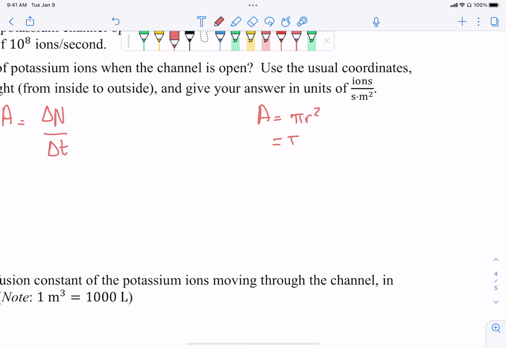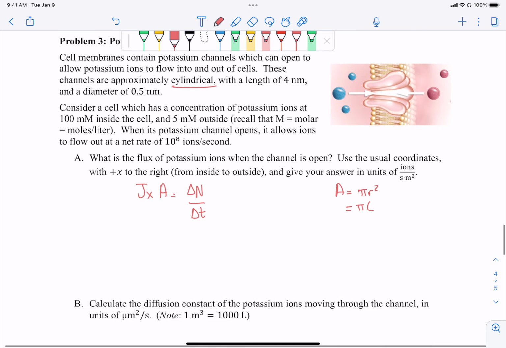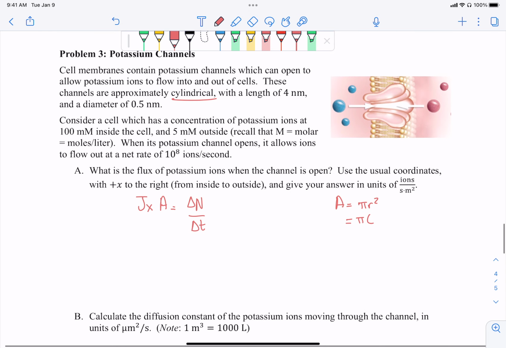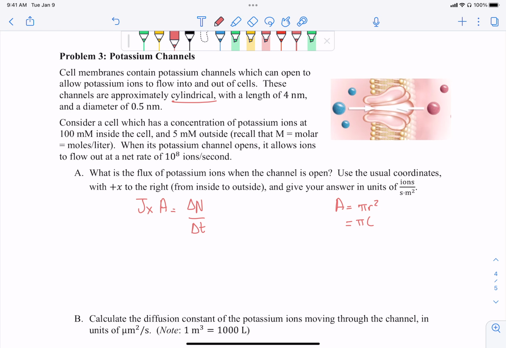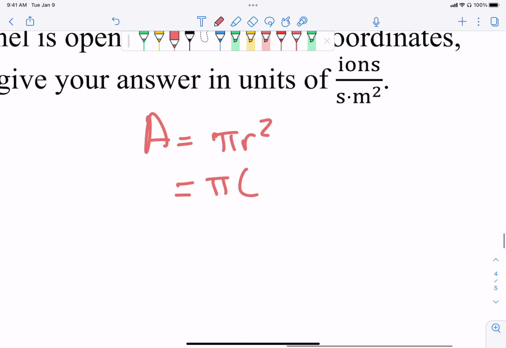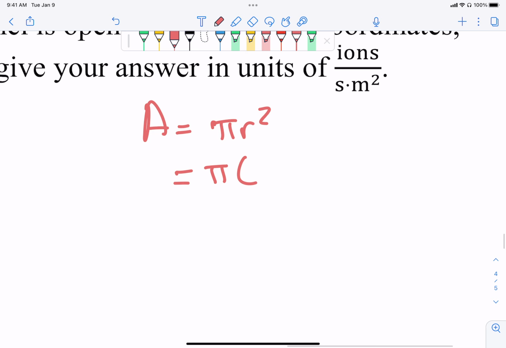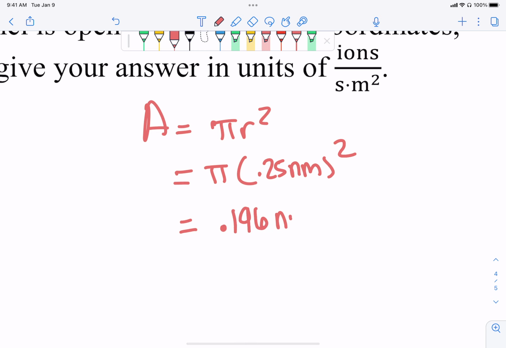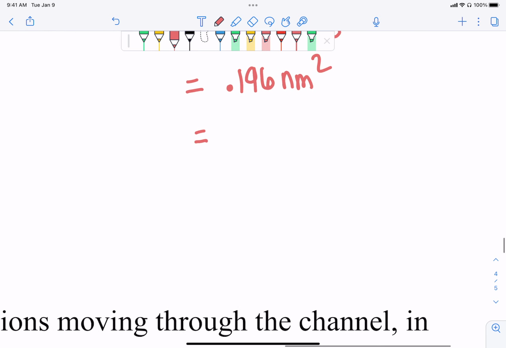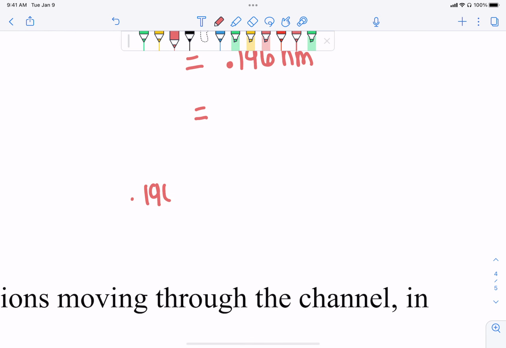So we know that our diameter is 0.5 nanometers, right? So our radius should be 0.25 nanometers, and we can square that and figure out our area. I got around 0.196 nanometers squared. Then I can convert that to meters squared.